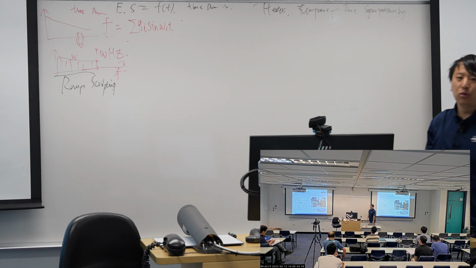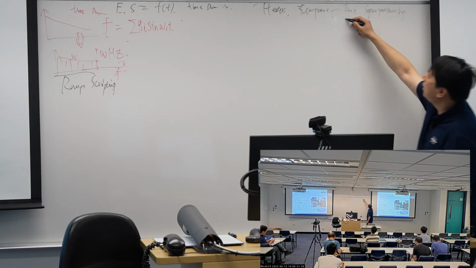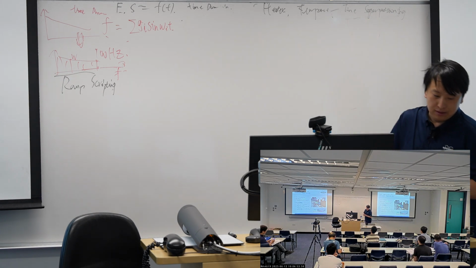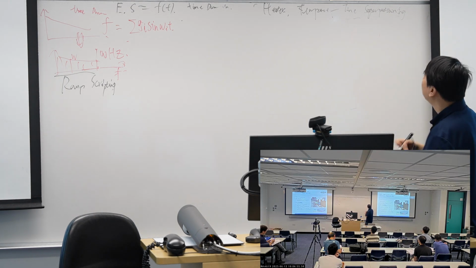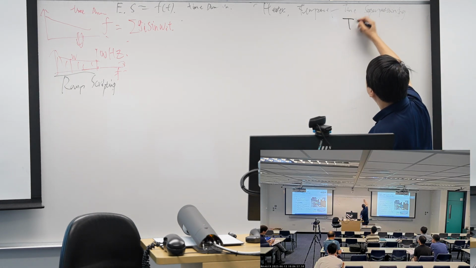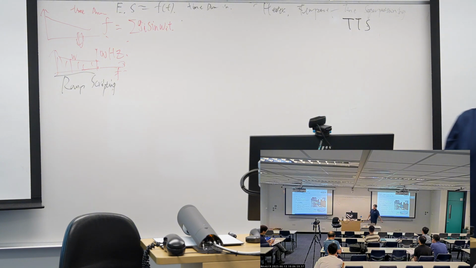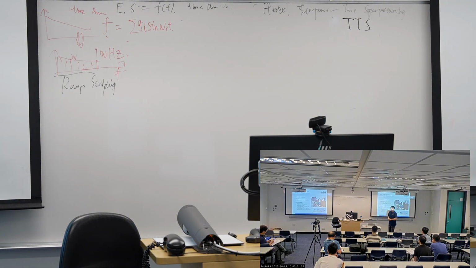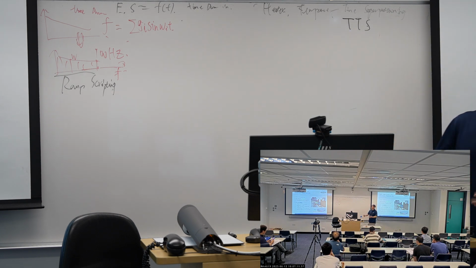If you read the reference, it's just called TTS. And the TTS is a kind of principle used in viscoelastic materials. It gives a brief idea that temperature and time can be the same thing.